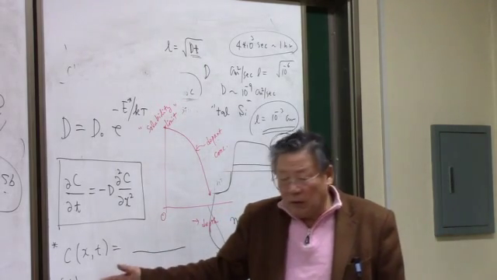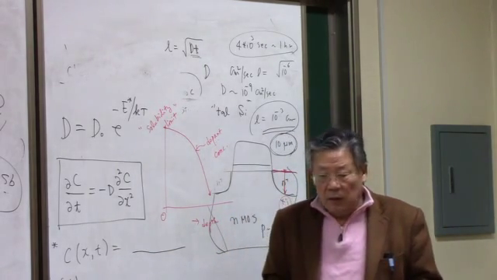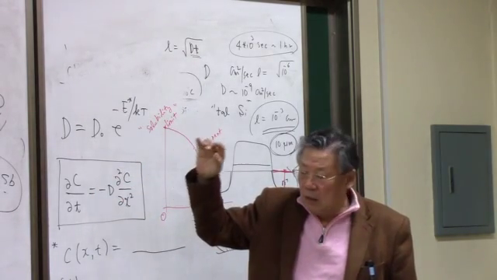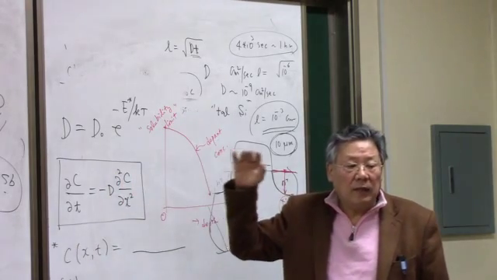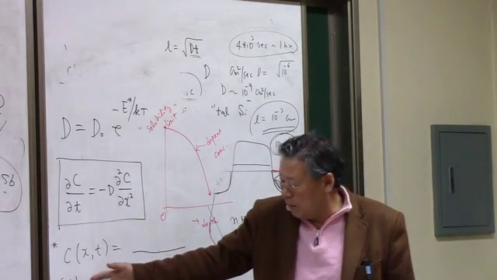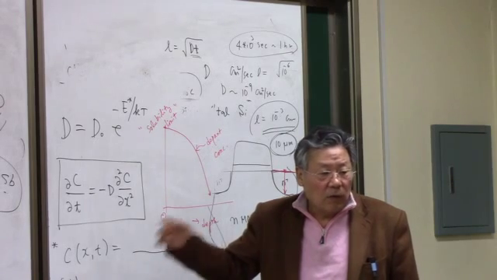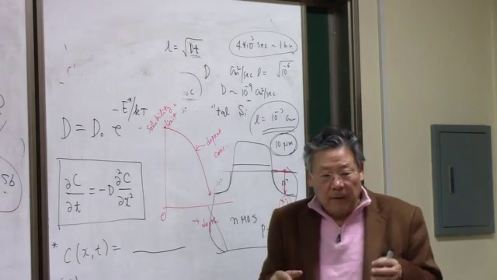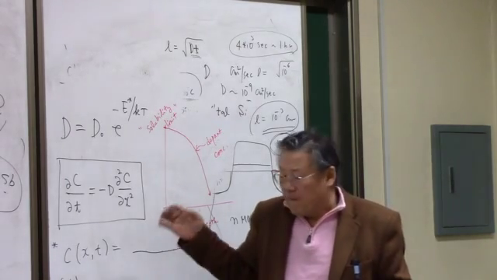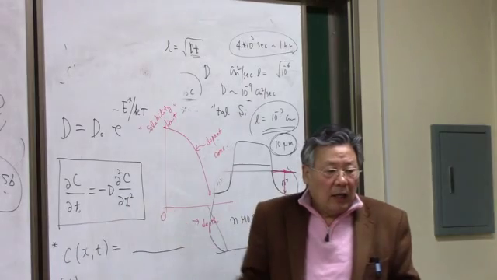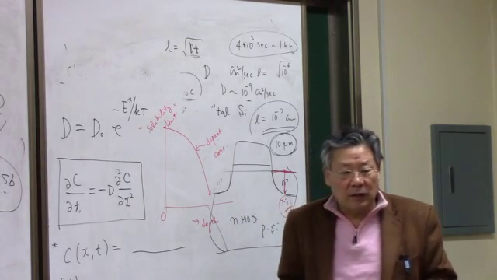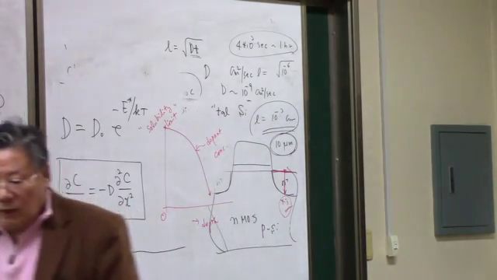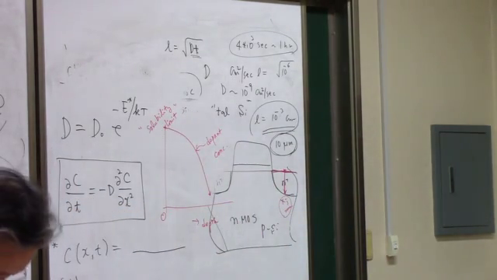And these three boundary conditions are different for each case. We have the pre-deposition and the drive-in case. We have different boundary conditions for those two steps, so we are going to have a different solution for the pre-deposition and for the drive-in process. So we have a different dopant profile depending on the process that we have.